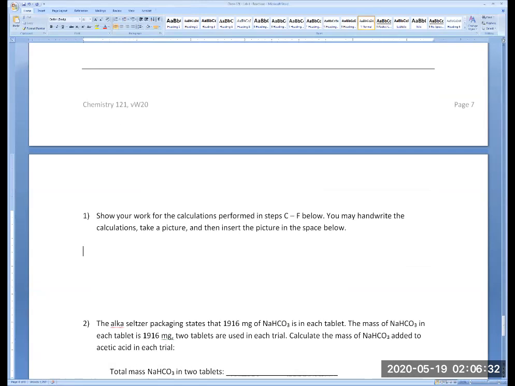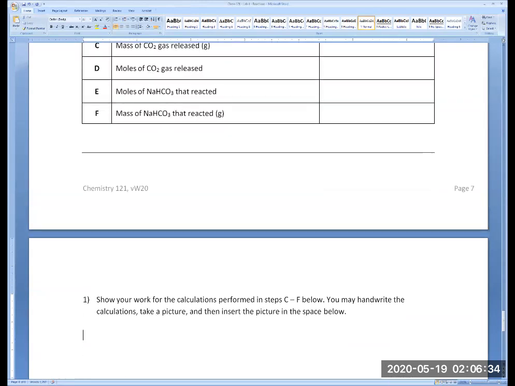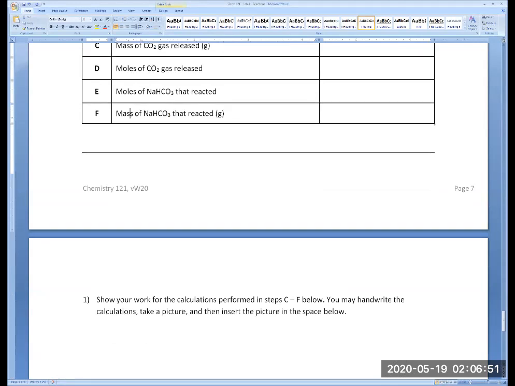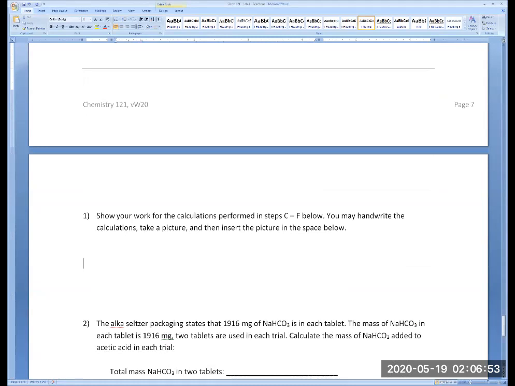So it could be just one big calculation that uses the mass of CO2 as the given amount, that has 3 conversion factors to show how first you change it to moles of CO2, then moles of NaHCO3, then mass, right? It could be the final calculation here that shows the 3 conversion factors multiplied together. It's okay to do it this way.